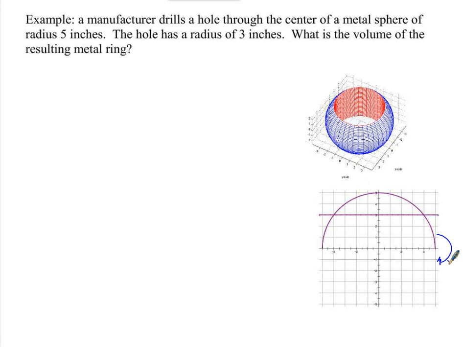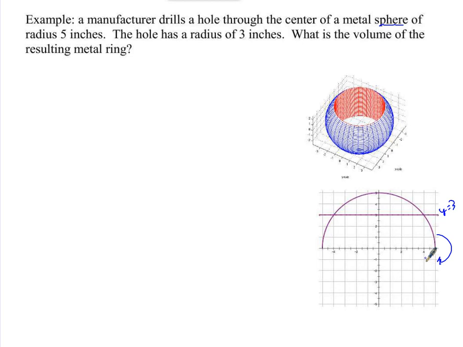Y equals 3 for that. Someone get that one. I got Y equals 3. Yeah, that was the tough one for sure. Something plus 5. Okay, so in the problem, it says it's a metal sphere, which means that this is half a circle in a flat plane, right?